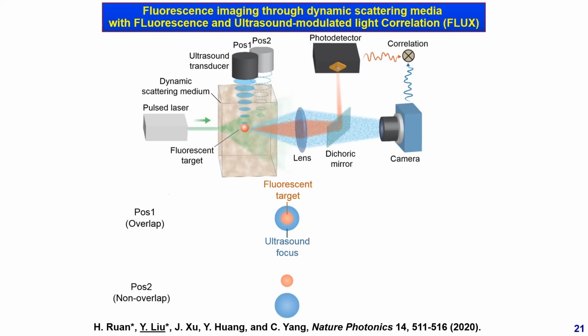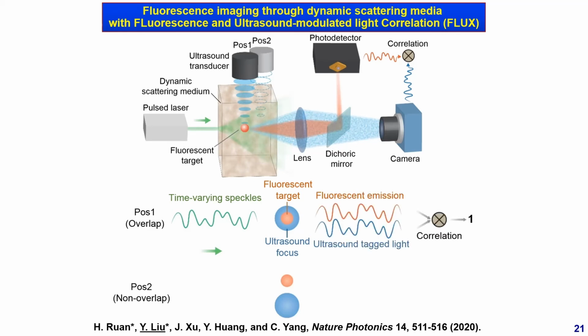Because this is a dynamic scattering medium, such as living tissue, the light intensity at each location inside the medium keeps fluctuating, and different locations have different fluctuations. In the first case, because the ultrasound focus overlaps with the fluorescent bead, they experience the same fluctuation of the excitation light. Therefore, the fluorescent light and the ultrasound tagged light fluctuate in a similar way, and the correlation coefficient of the two signal traces would be high, close to 1.